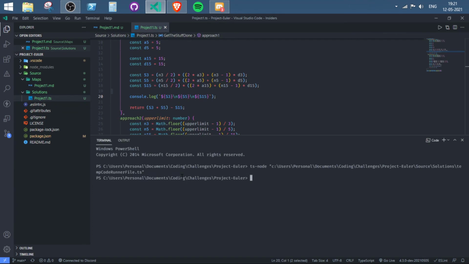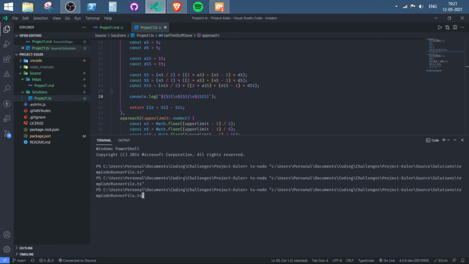Why does it have to do that all the time? Wait, I am running that myself. So project1.ts. Literally like falls asleep. Yeah, so I guess my approach is working and stuff.